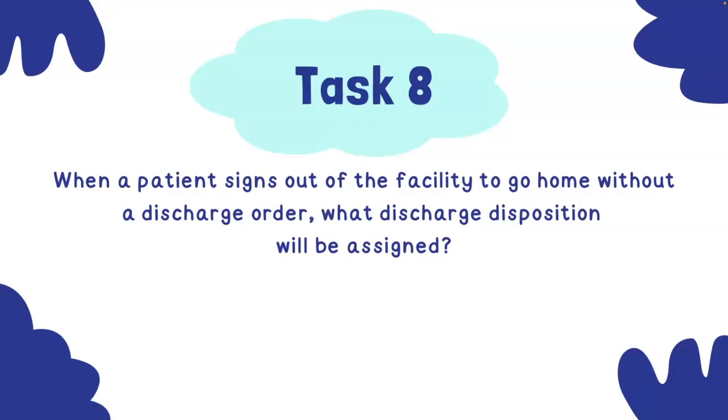Discharge status, discharge disposition is the 2-digit code that identifies where the patient is at the conclusion. So what is the discharge disposition for the situation where the patient says, I'm out of here. I'm done.